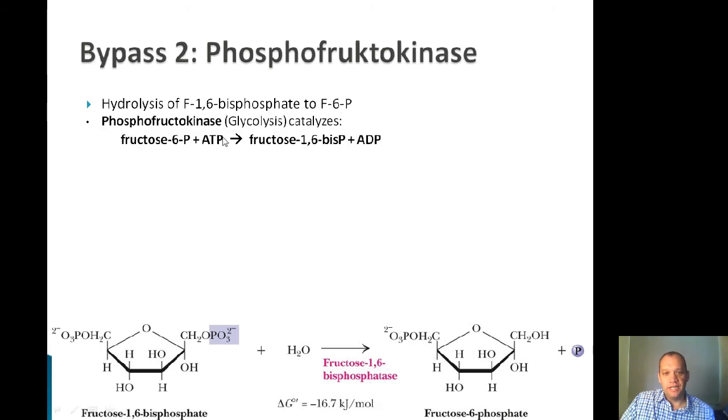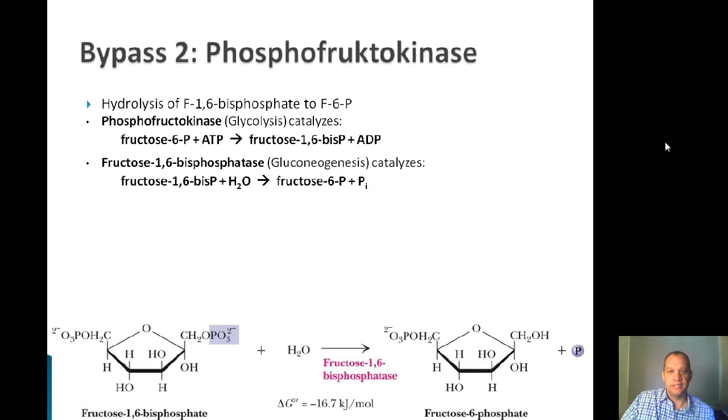Phosphofructokinase, you'll recall, catalyzes the reaction fructose 6-phosphate plus ATP to fructose 1,6-bisphosphate and releases an ADP in the process. So this is a coupled reaction where the phosphorylation is coupled with the dephosphorylation of ATP, which is an exergonic reaction, and that free energy is used to produce fructose 1,6-bisphosphate.